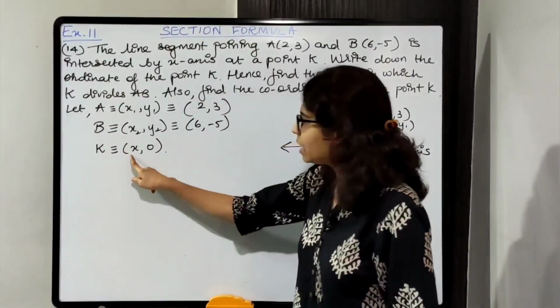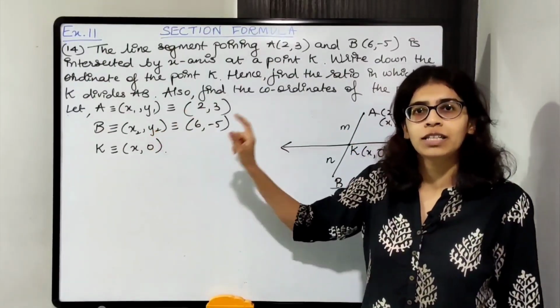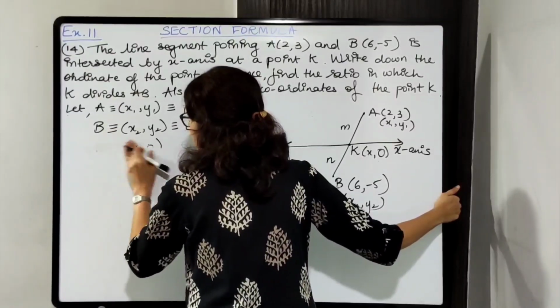Okay, why will K be (x, 0)? Because it is lying on the x-axis. So actually write this separately only. Write this separately.